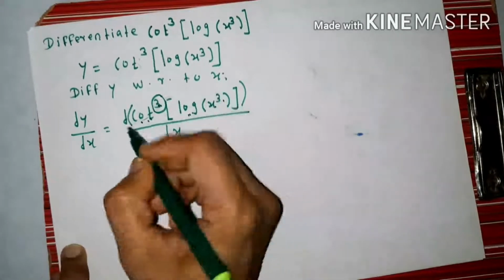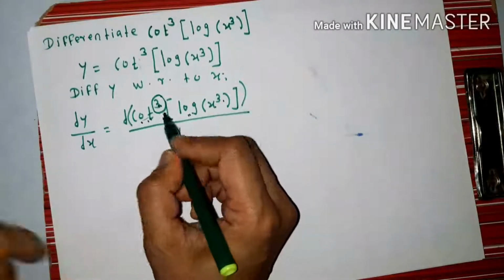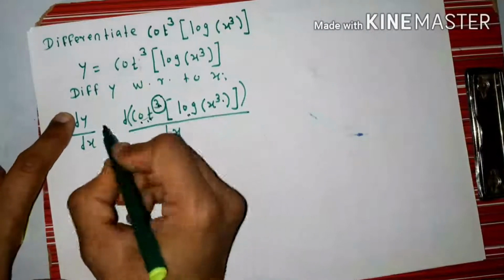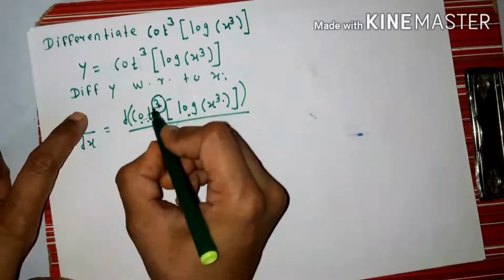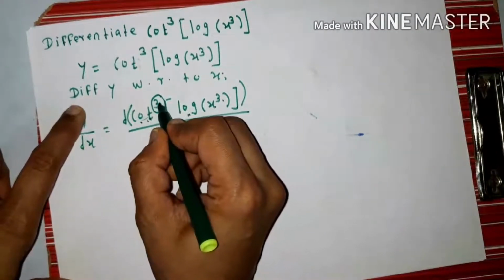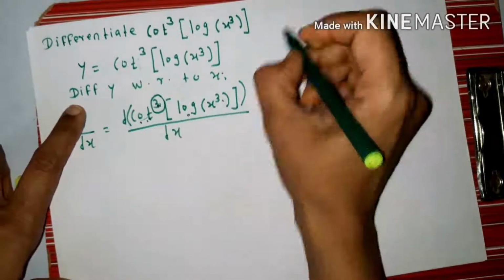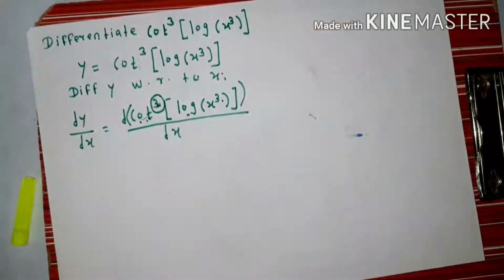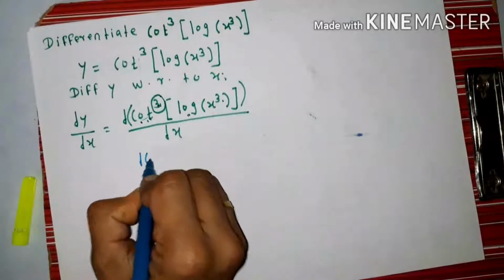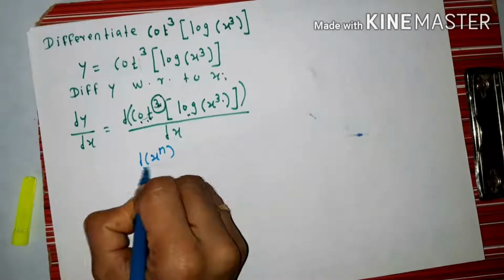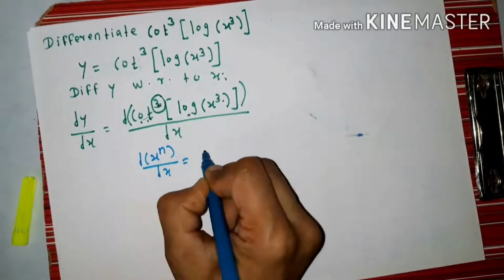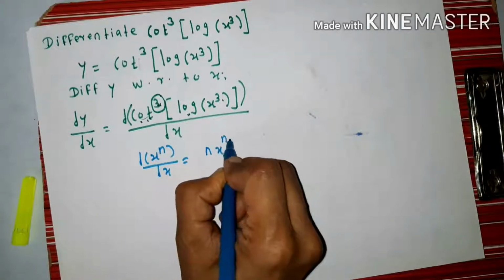Therefore now first we differentiate the power function, that is the power 3, and by using the formula differentiation of x raised to n, the differentiation is n into x raised to n minus 1.